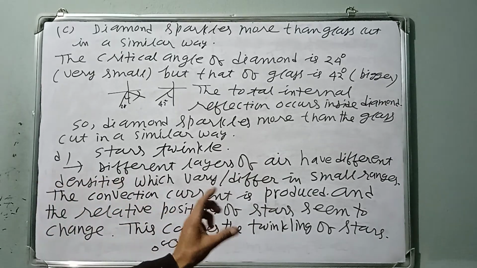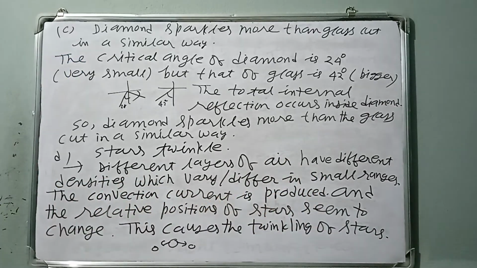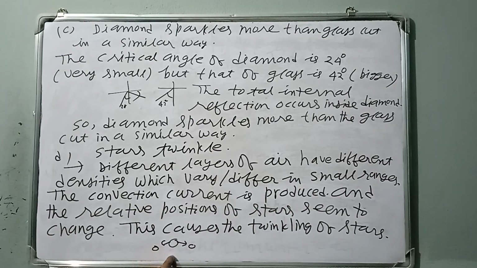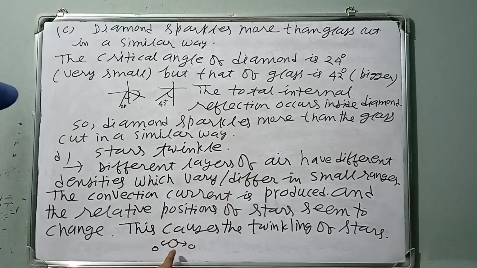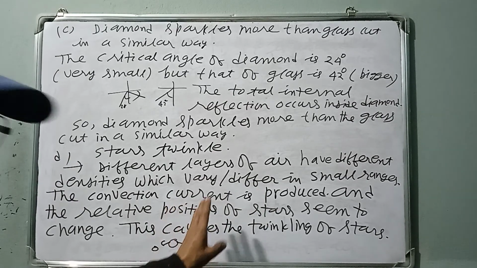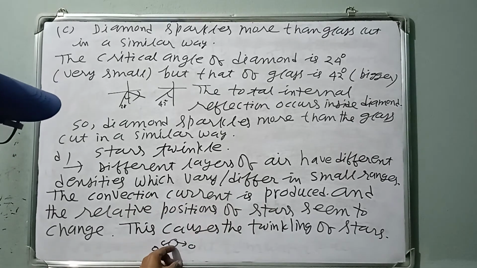See, different layers of air have different densities. The densities slightly vary or differ from each other. There is convection current. Due to the production of the convection current, what happens?